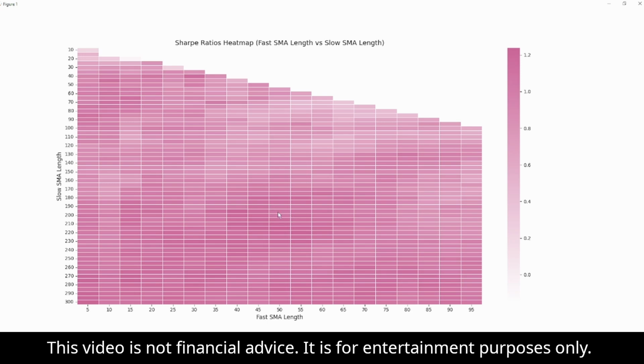And these are essentially the two groups that we could use. And we could also use a very small fast SMA length, which is almost the close price actually, with a slow SMA length of about 270 or 280. So these are the colorful cells on the left here that you can see.